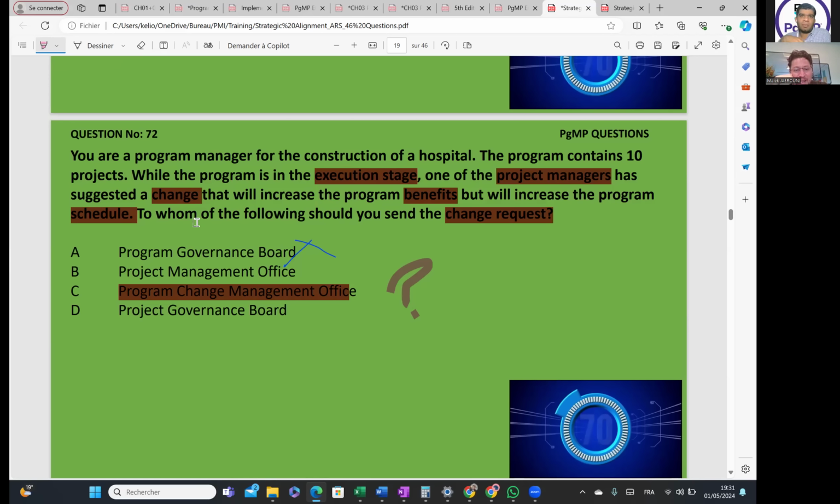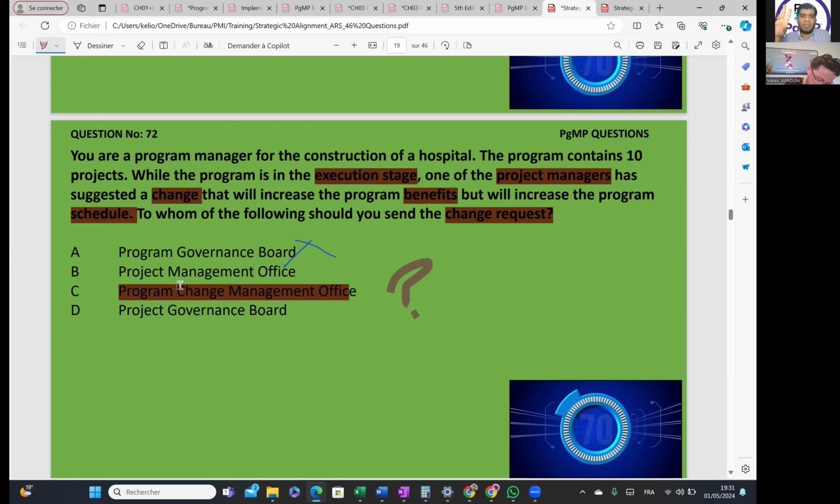The only office that we have in PMI is PMO: project management office in PMP, and program management office in PgMP. No other office we have. If it is PMP, it is project management office, and in PgMP, it is program management office.